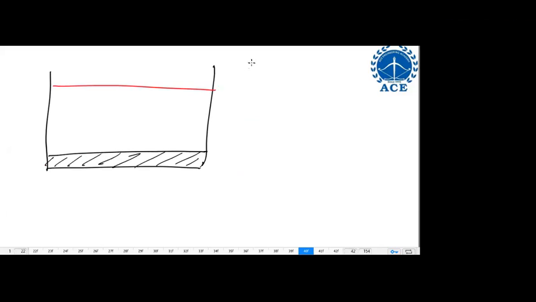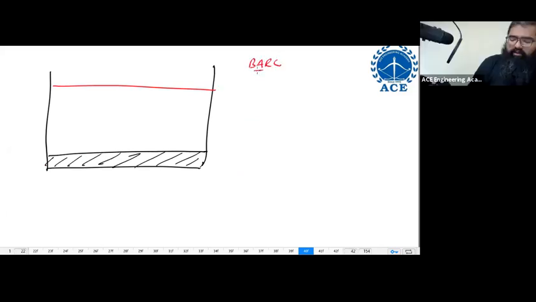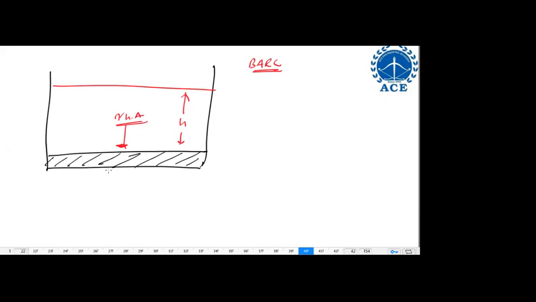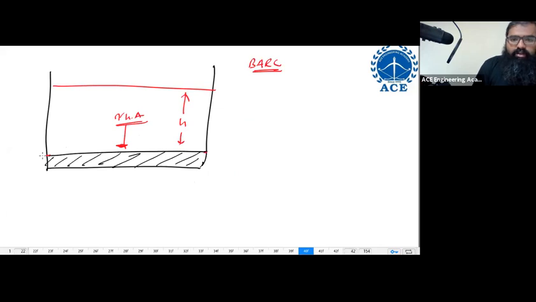This was actually a BARC interview question. In this particular case, there is no buoyancy. There is only going to be a pressure force over here, which is equal to, imagine this height is h, gamma into h multiplied by whatever is the area. There is no buoyancy over here because technically this body is not displacing any fluid. This body is a part of the container now. It has not allowed any fluid to go below.